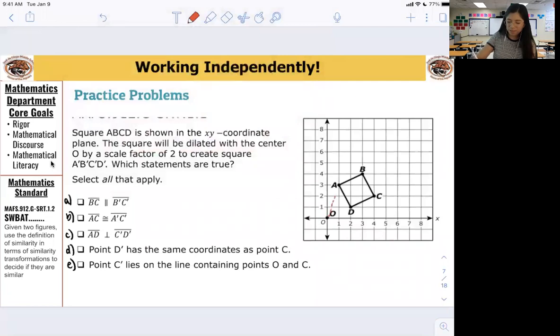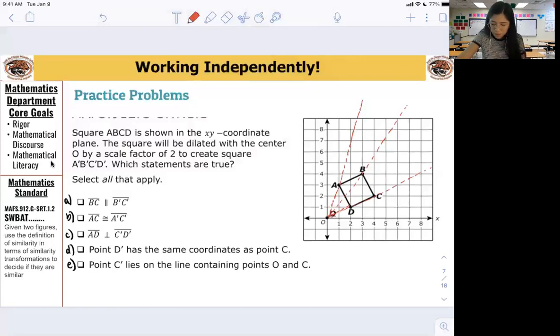So I'm going to begin by just extending these lines from the center and then just out, crossing each of those points. Ooh, that was crooked. Okay.